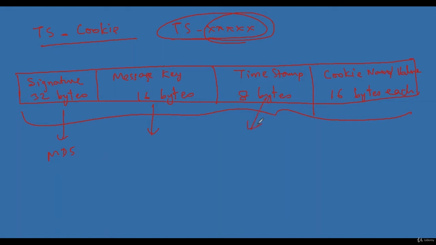The timestamp indicates when the cookie was created, and can be used to verify that the cookies are not too old. And the cookie name and value pair is set as per the response coming from the application.